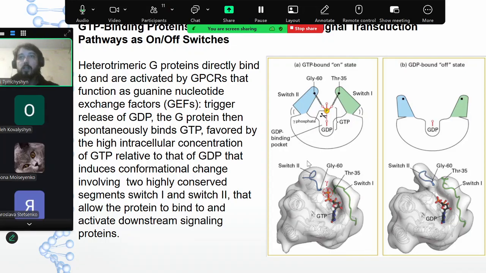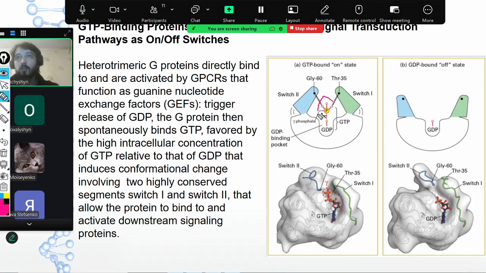Okay, so here is an example of that alpha subunit. Here you see GTP inside. When it binds GTP, it changes the form of the G alpha subunit. So these heterotrimeric G proteins directly bind to and are activated by GPCRs that function as guanine nucleotide exchange factors. You will see that in literature as GEFs.